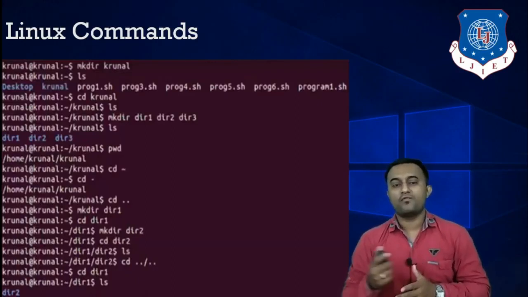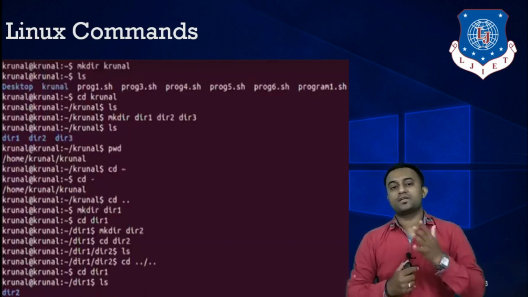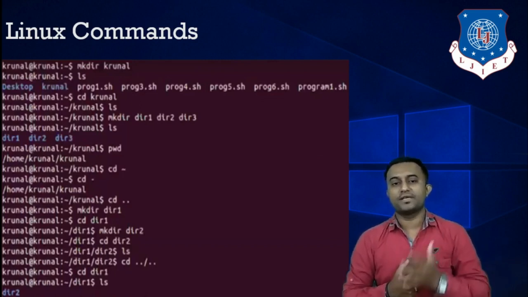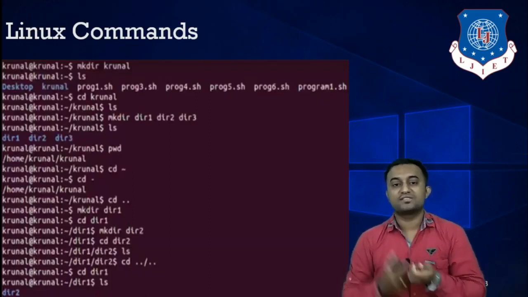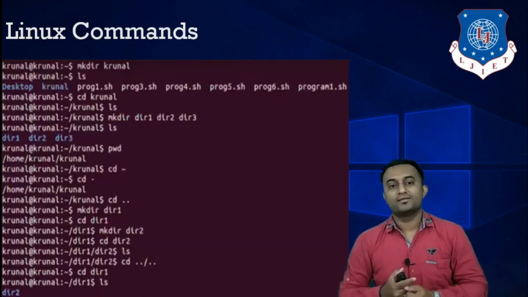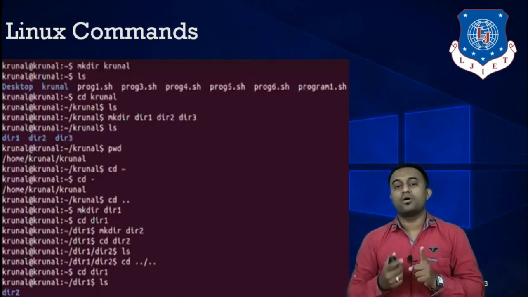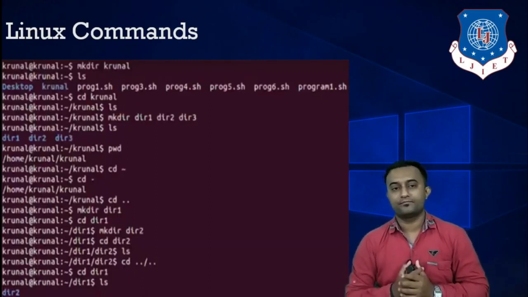So if I want to directly reach the Kunal directory, I need to fire cd space dot dot slash dot dot. This is the syntax through which you can go 2 levels up.